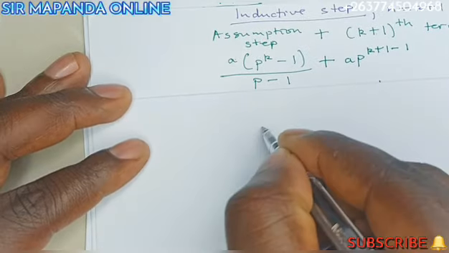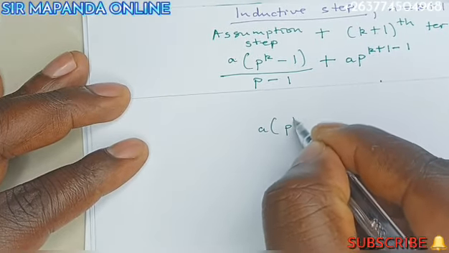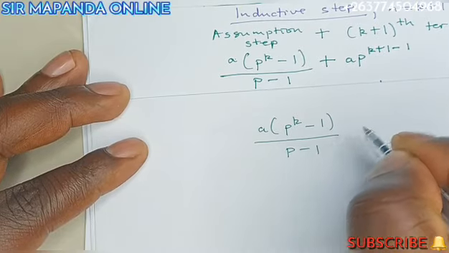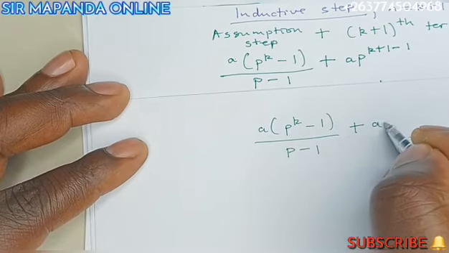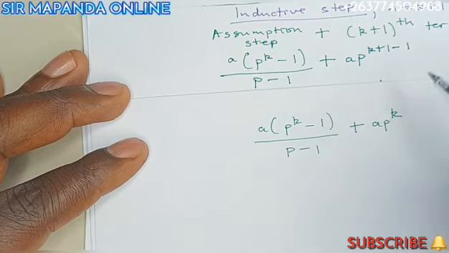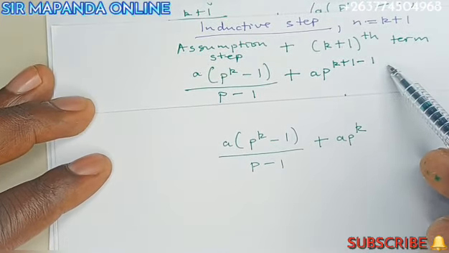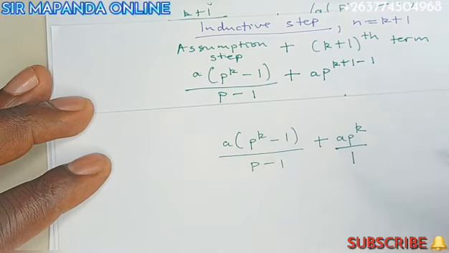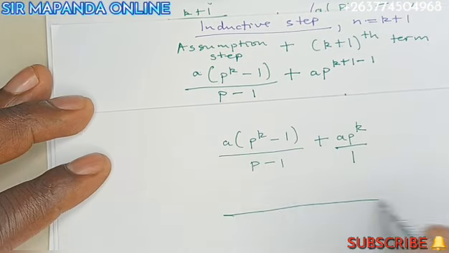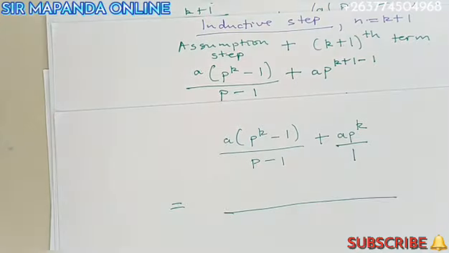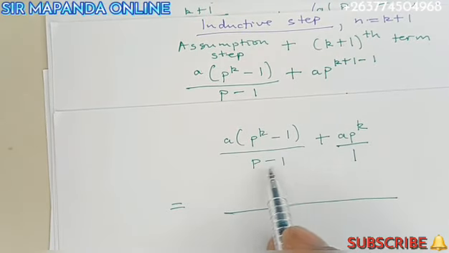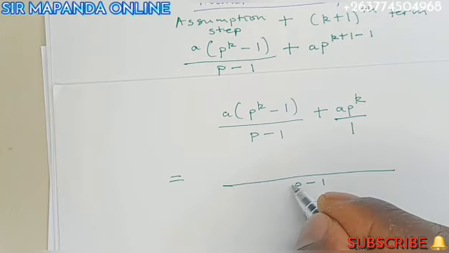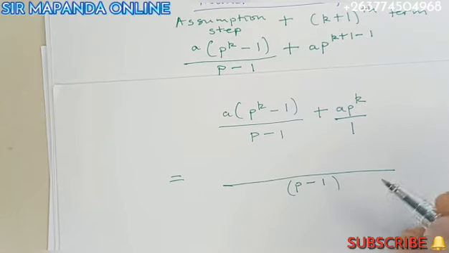So you get a p to the power of k minus 1 divided by p minus 1 plus a p to the power of k. Since 1 minus 1, you get 0. So this one becomes a p to the power of k over 1. Then you want to make this a single denominator. So p minus 1 times 1, you get your LCM. Your LCM is p minus 1. I hope you are following, class.